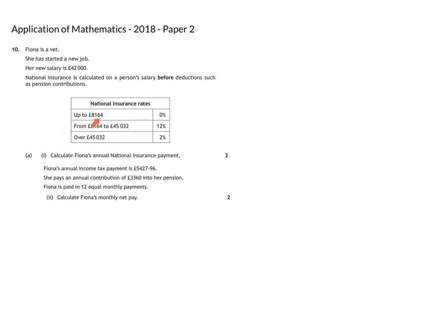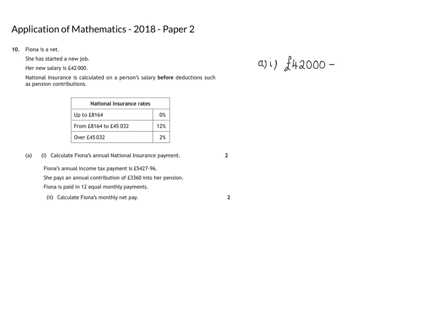So we know that that first £8,164 is not taxed, and it's just the money that is over that up to £45,352 that is taxed at 12%. So first thing we have to do for part 1 is work out how much of her money is actually taxed. So that's going to be that £42,000, which is her salary.